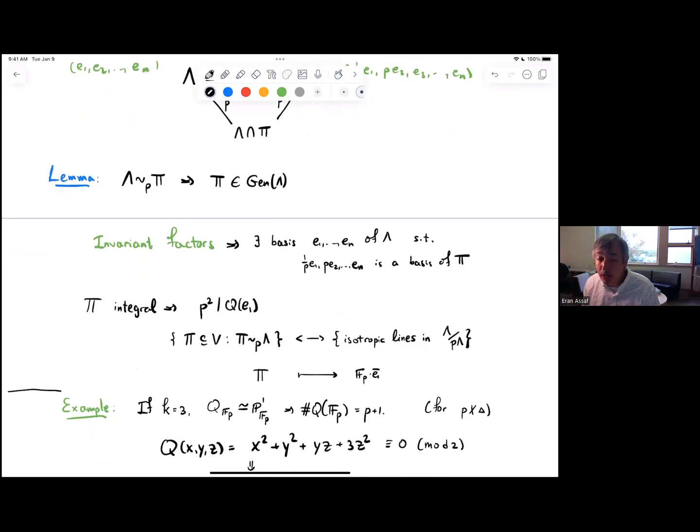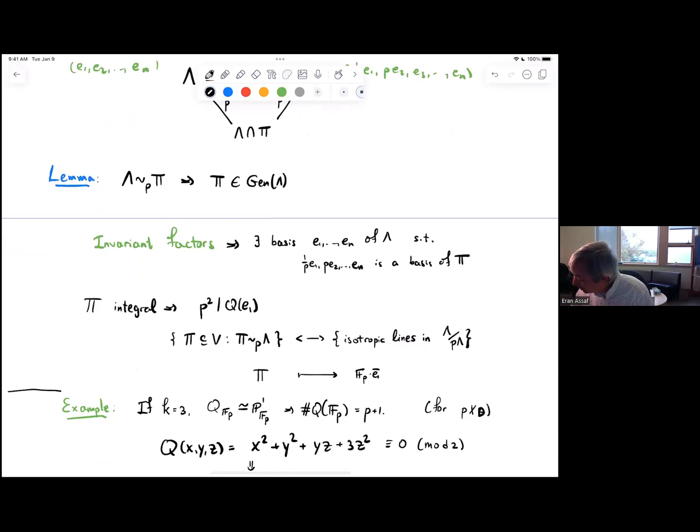For example, if we have a three-dimensional lattice, then our quadratic form is just a conic, right? It's a quadratic form in 3 variables, it's a conic in P2, so it's isomorphic to a projective line over Fp, and as a consequence, it has p+1 elements.